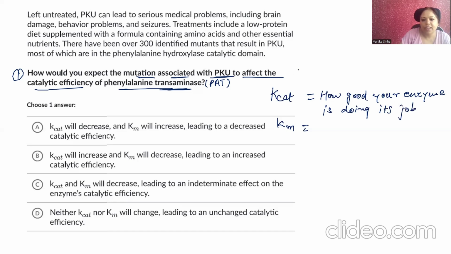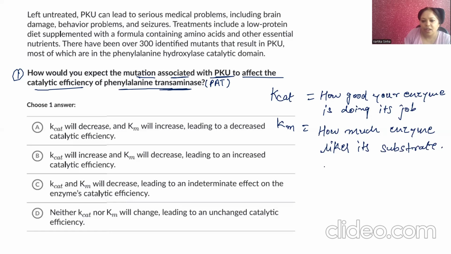Because we know that there's an equation between the Kcat and Vmax, right? And Km is how much the enzyme likes its substrate, or high affinity of the enzyme means low Km.